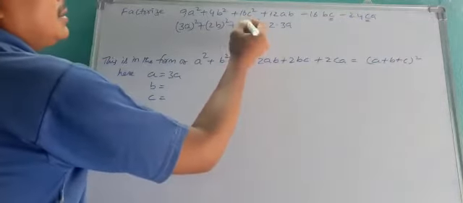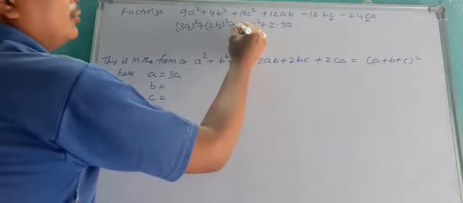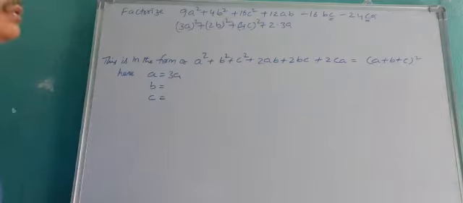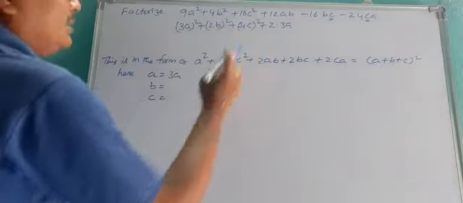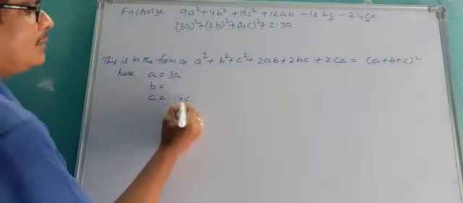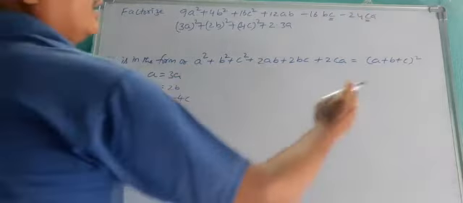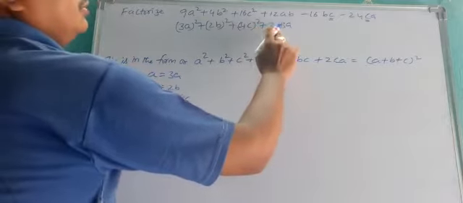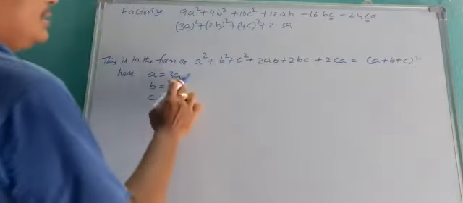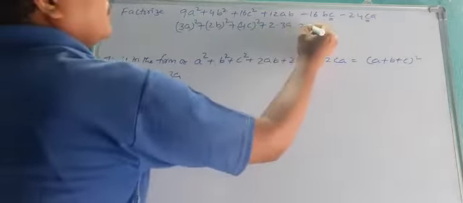C. That c term has a negative sign, so it means minus 4c whole square. Here c is minus 4c and b is 2b. So plus 2ab, where a means 3a and b equals 2b.